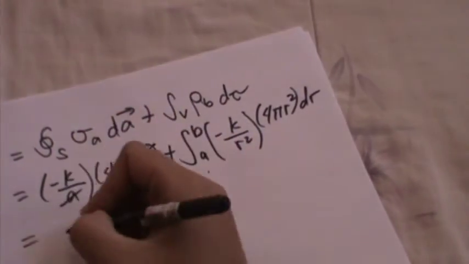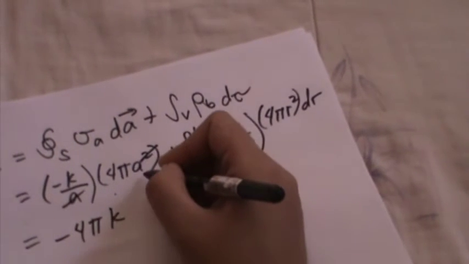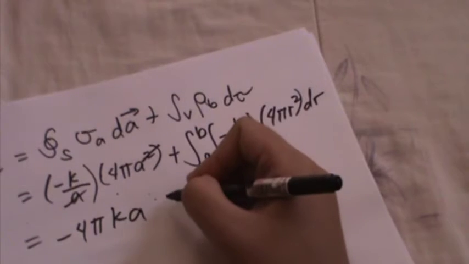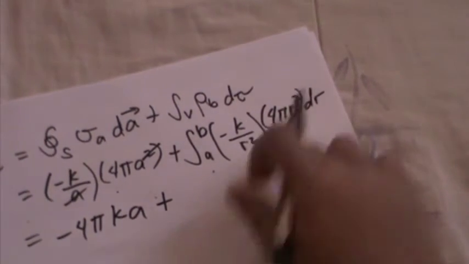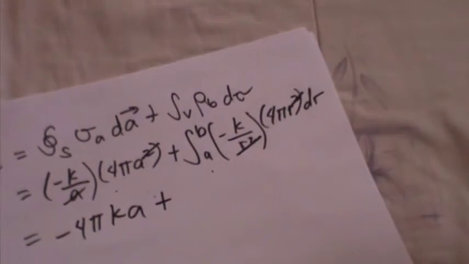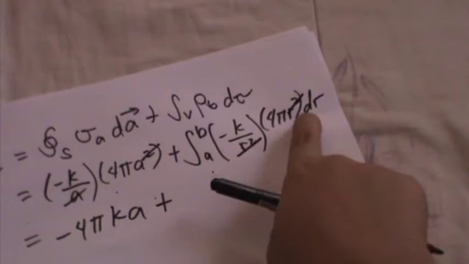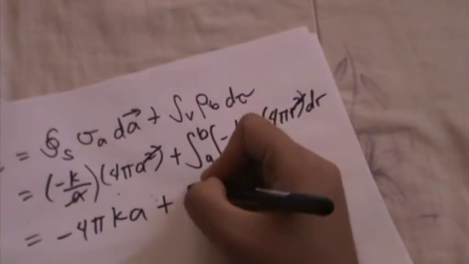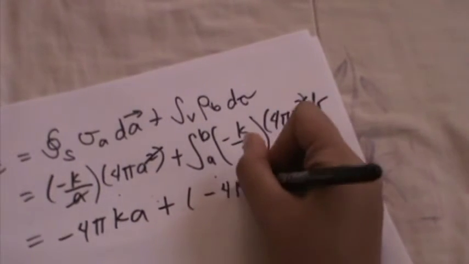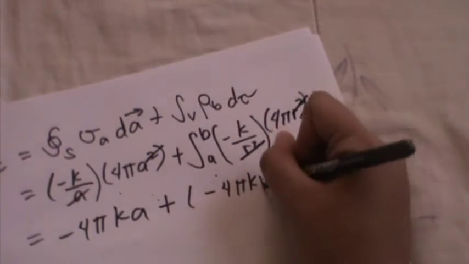We're left with negative 4 pi k a, and then plus, we have to cancel these two r's. What else do we need to put here? So the integral of dr is r, so we're left with this equation, negative 4 pi k r.